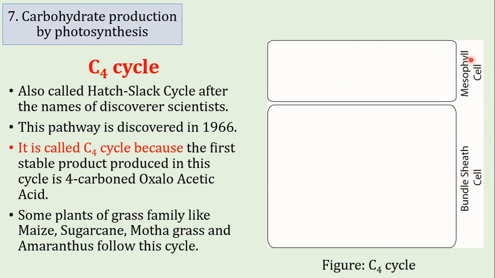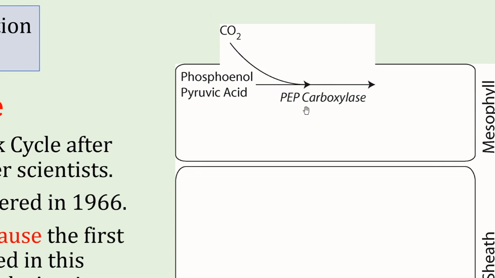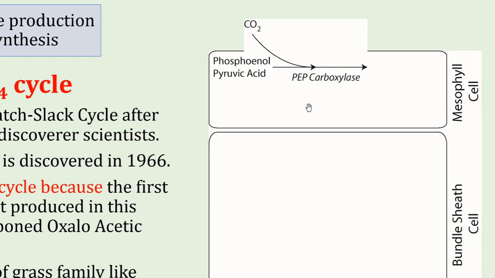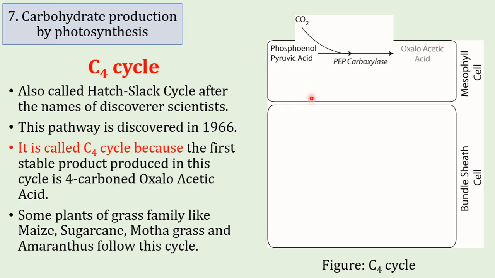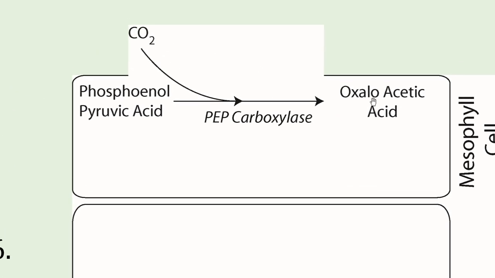In the mesophyll cell, there is a precursor molecule called phosphoenol pyruvic acid, which is a 3-carbon compound. There are numerous molecules in the mesophyll cell that capture and assimilate carbon dioxide, and in this process the PEP carboxylase enzyme helps. The first stable product in this cycle is oxaloacetic acid, which is a 4-carbon compound.